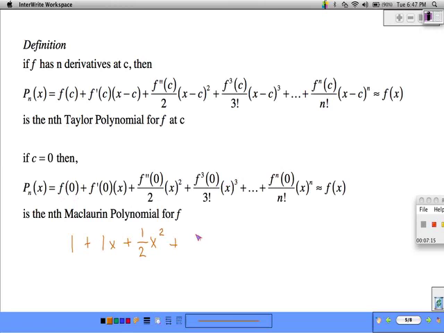Well, the third derivative at 0 would be e to the x. E to the 0 is 1. So 1 over 3 factorial times x cubed plus and so on like that.